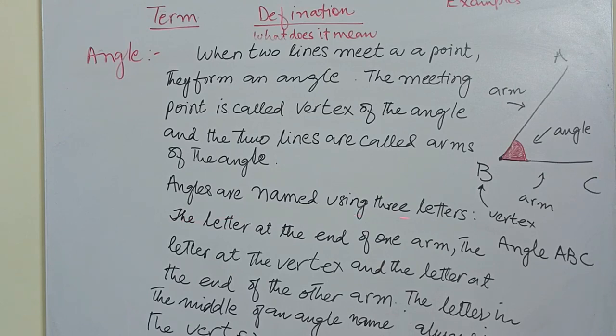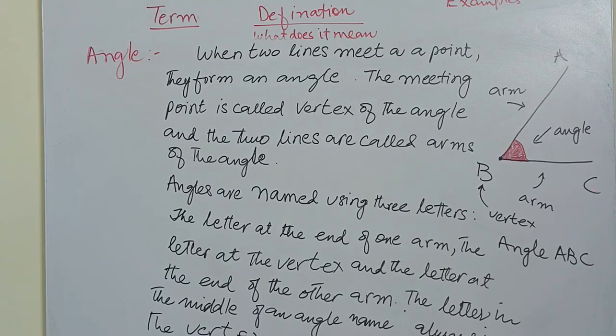Angles are named using three letters, like angle ABC. The letter at the end of one arm is A. In fact the line is AB, but we start from the starting point A, then the vertex B, and from B to C, the end point.